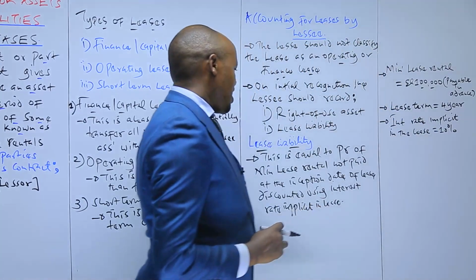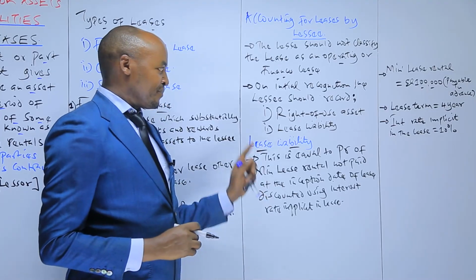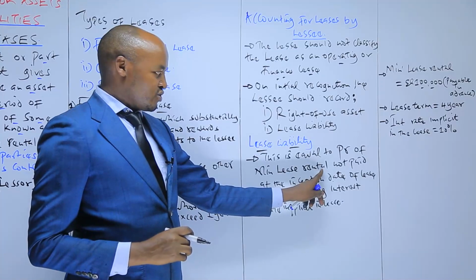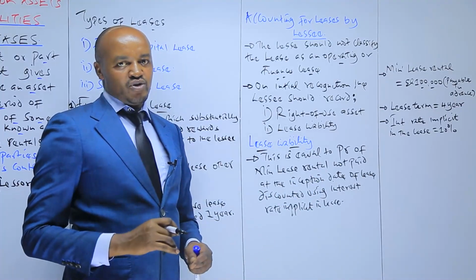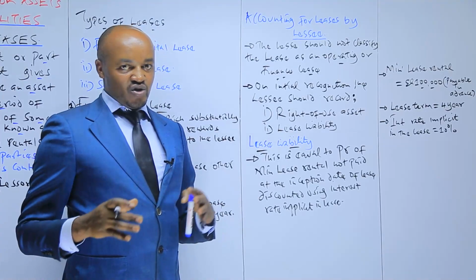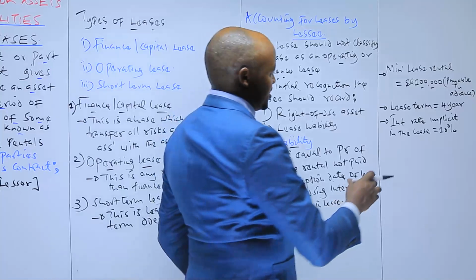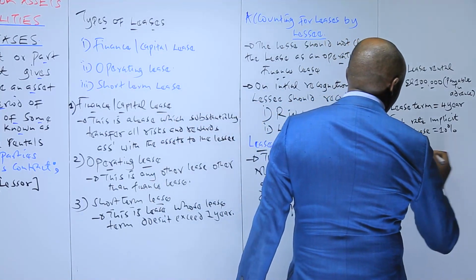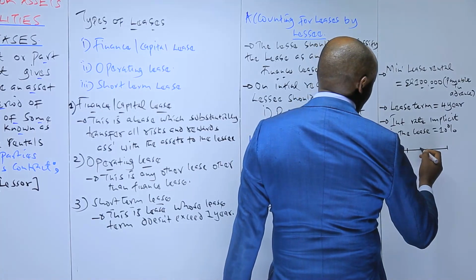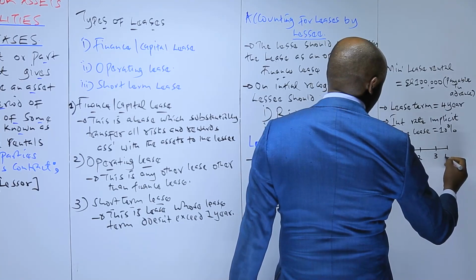Now, how do we determine the lease liability? The lease liability will be equal to the present value of the minimum lease rentals not paid at the inception date of the lease. The inception date is the date when the lease commenced. Maybe we can have a schedule here. Our lease is for 4 years, so this will be year 1, year 2, year 3, year 4.